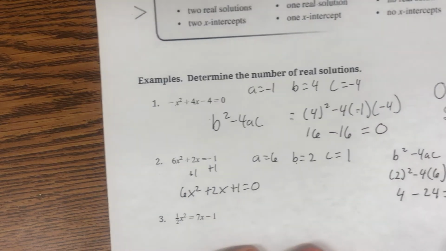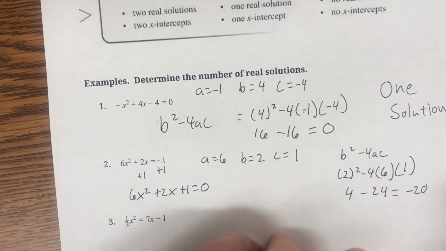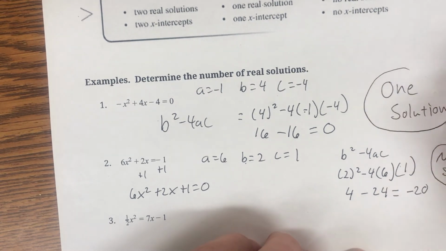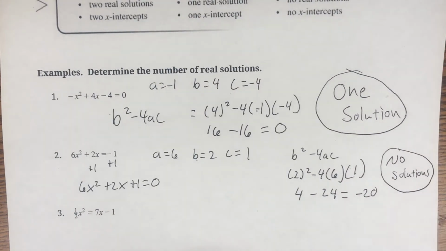So it's a negative number for the discriminant. If the discriminant is negative, that means there are no solutions. Well, no real solutions. There are some imaginary ones, but we're not going to touch on that. All right, so no solution here for number 2.